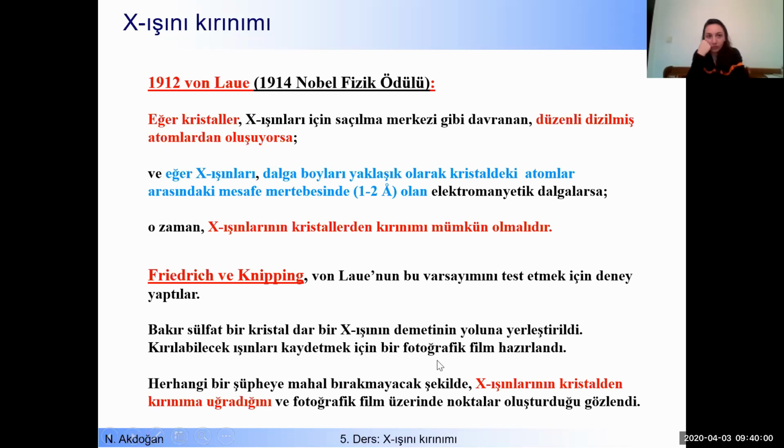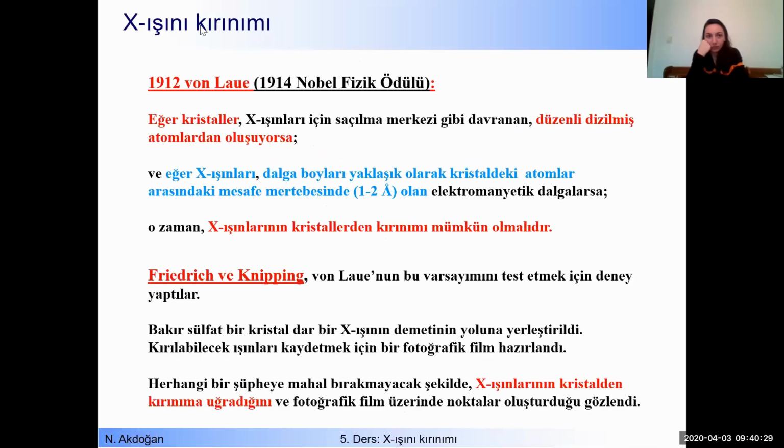And then they detected the diffracted beam by using photographic film. And they have seen some spots on the photographic film due to the diffraction of X-rays. And the theoretical proposal of von Laue was proven by the experiments done by Friedrich and Knipping.